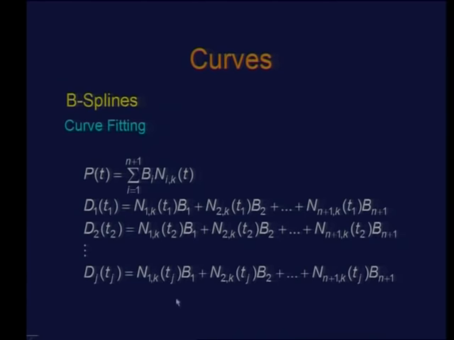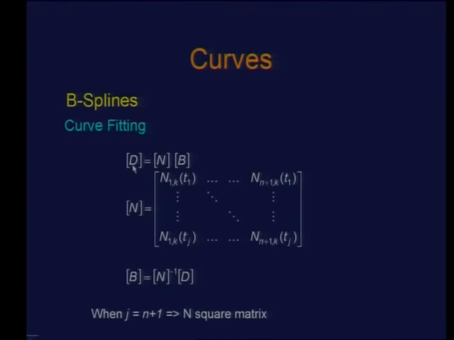Right. Given some k, I can compute the appropriate values of N i k's. I still require the definition of t, and that should be possible maybe through the data which is given to me. Okay. So, if I set this as a system of equations, this is what I am doing.